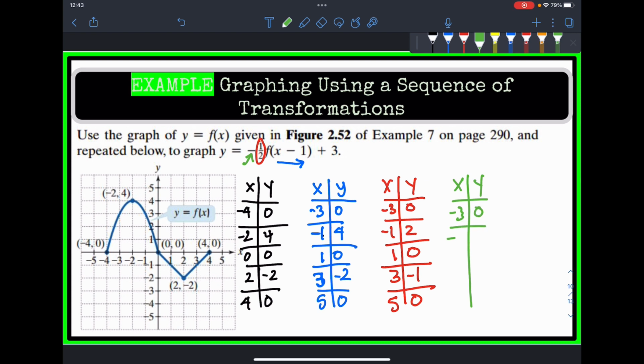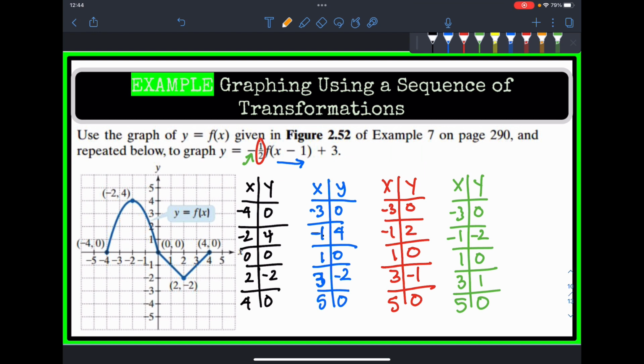Sorry, wrong one. The 2 becomes a negative 2. 0 is still going to be 0. 3 and positive 1 now. And 5 will flip upside down. It's still going to be at 0 because it's at the center. So we flip this upside down.